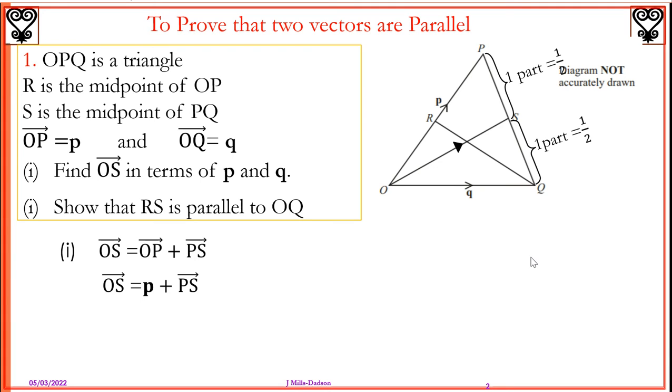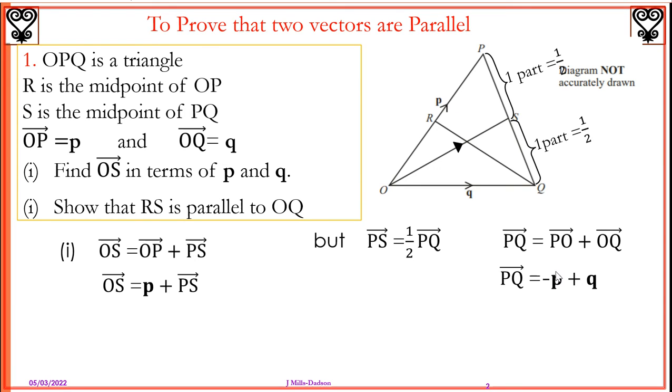Vector PQ is simply vector PO plus vector OQ. Vector PO is going against vector P, so it has to be negative P, then plus vector Q.